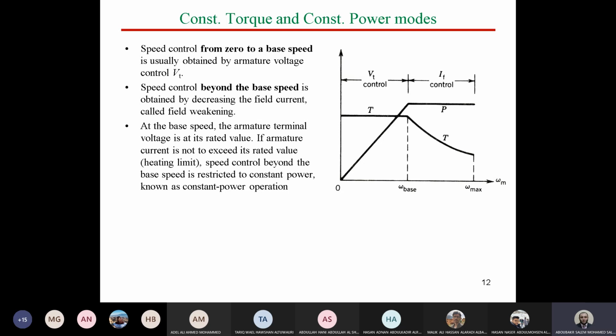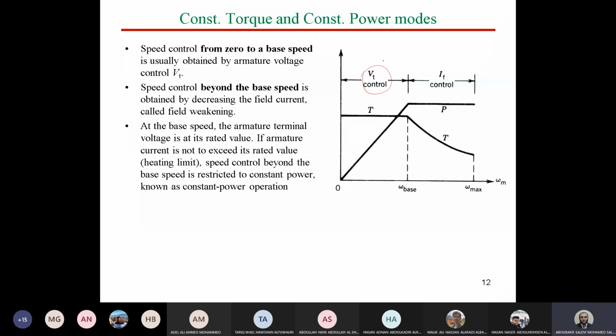So we have zone control from 0 speed to base speed or rated speed. We can keep our torque constant. This is by using V-terminal control or voltage control.